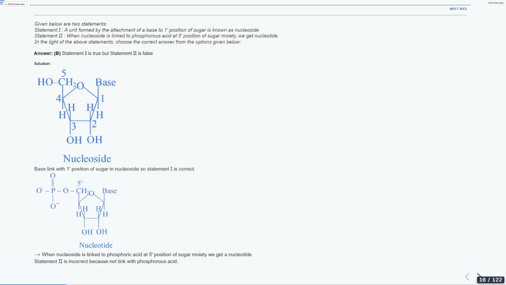Surbi is telling it is RNA. Just tell me, this sugar whose image is given, is it of DNA or of RNA? Forget about base and phosphate. If you get this pentose sugar only, is it of RNA or DNA?